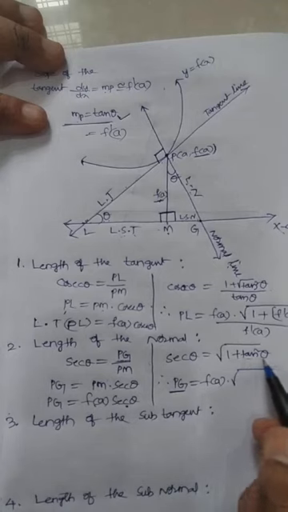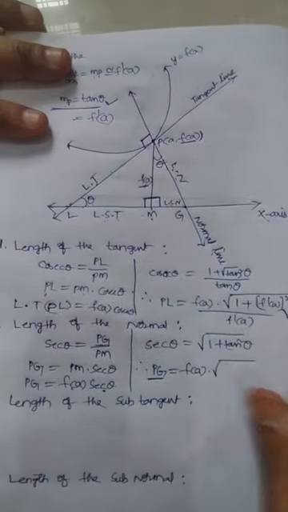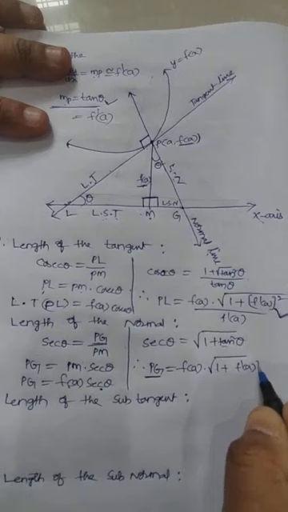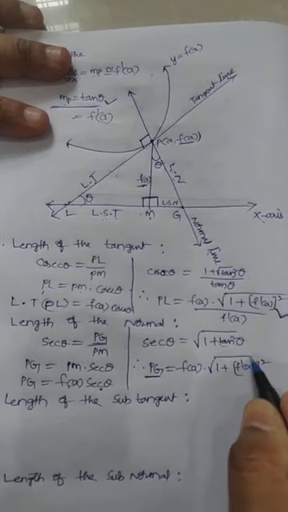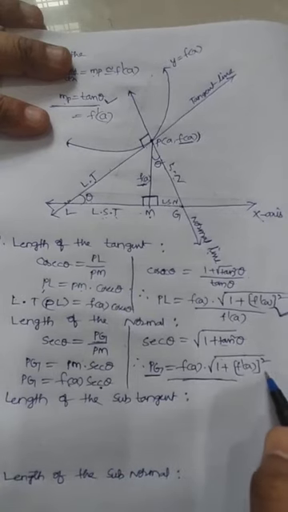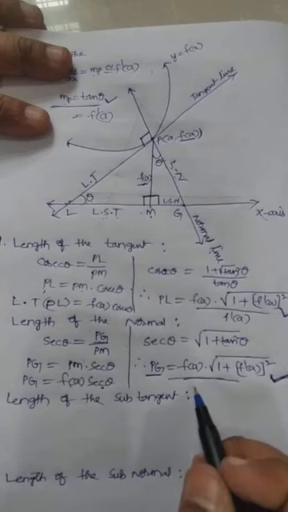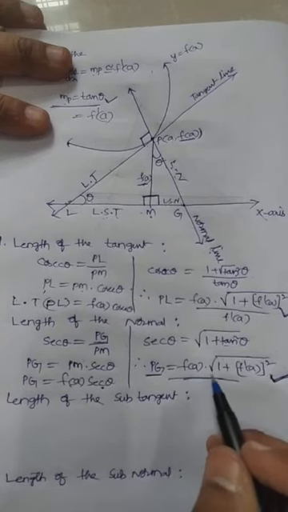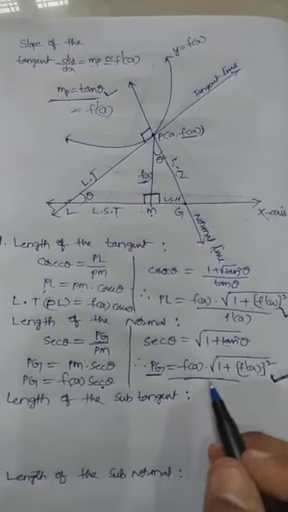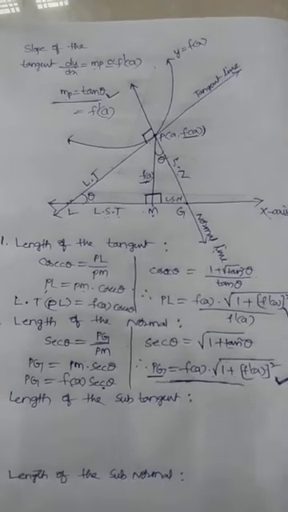Tan theta is f'(a), so I could write it as 1 plus f'(a) whole square. So the formula for the length of the normal is f(a) into under root of 1 plus f'(a) whole square.